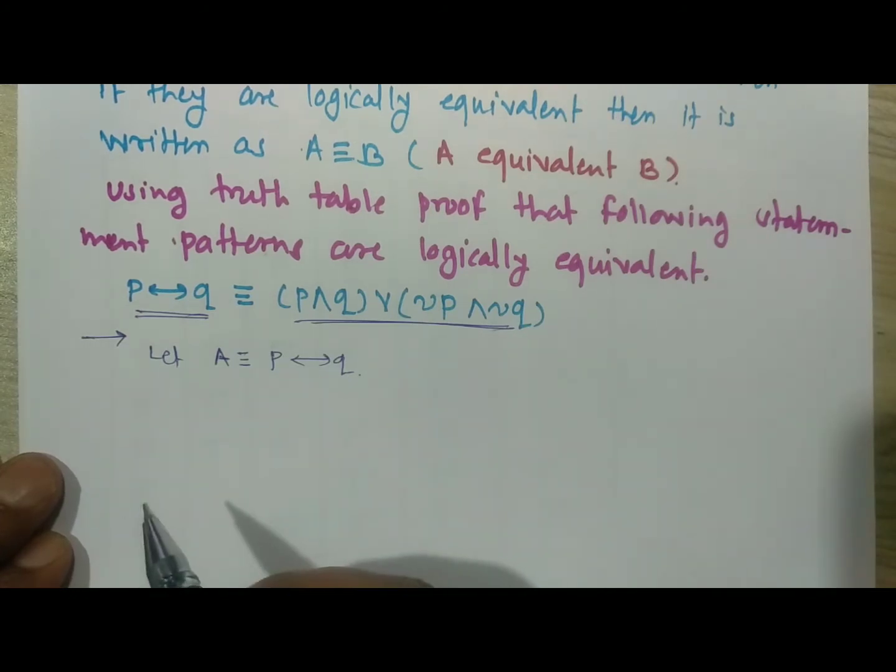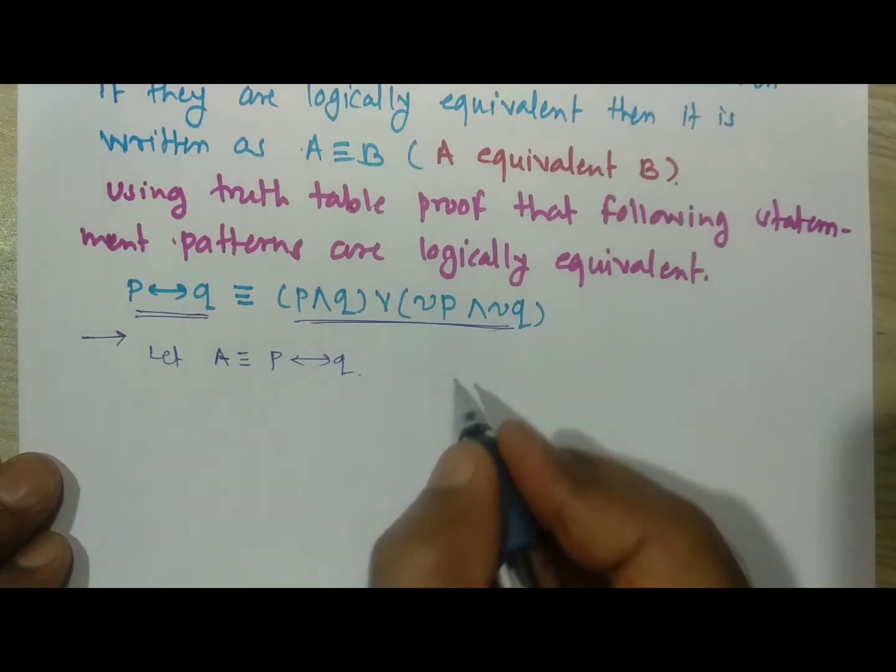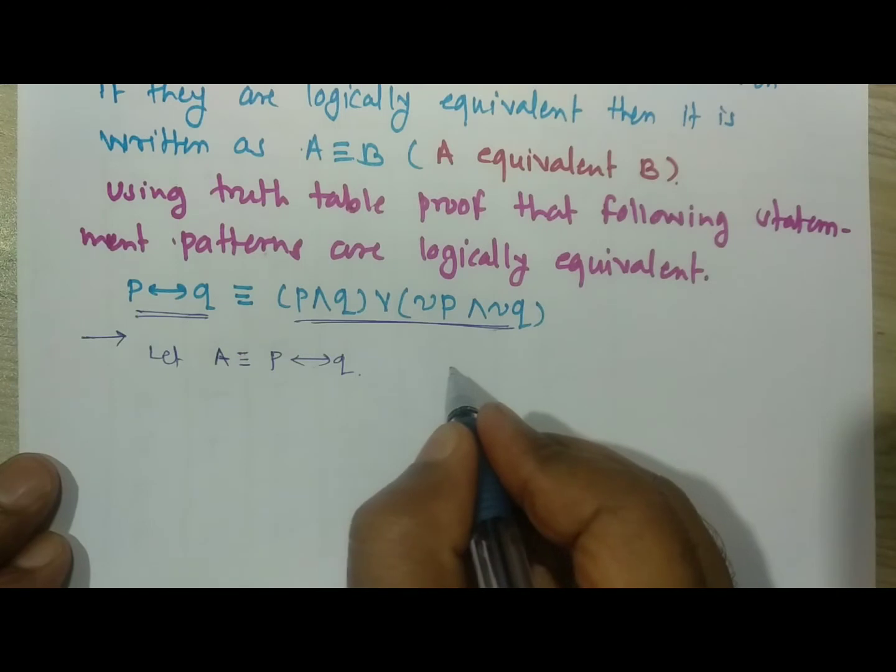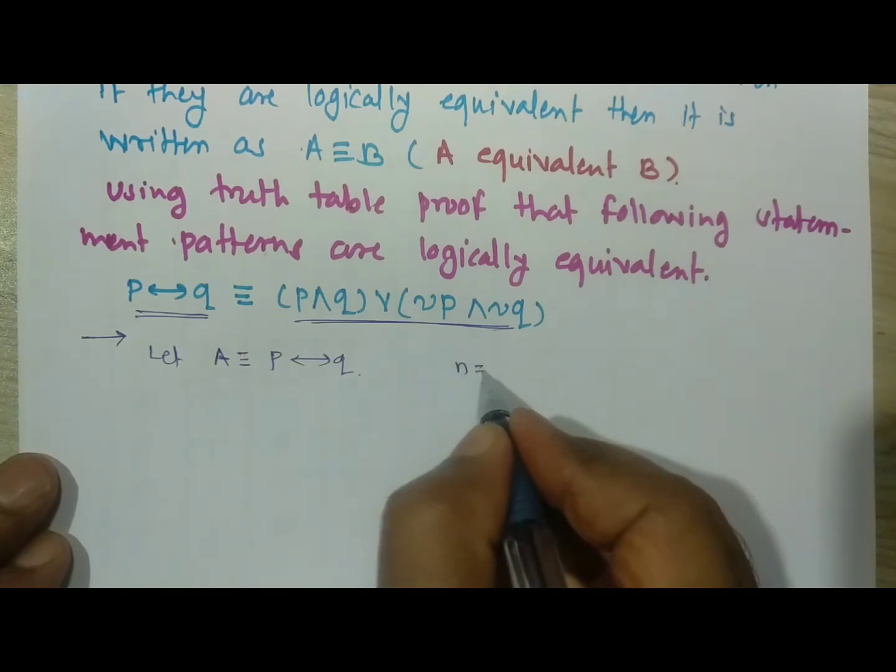Once again I want to repeat how to find the truth table. First of all, how many statements are there? Let n be the number of statements.